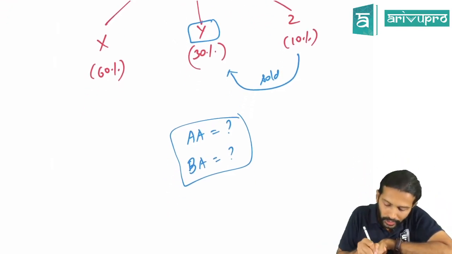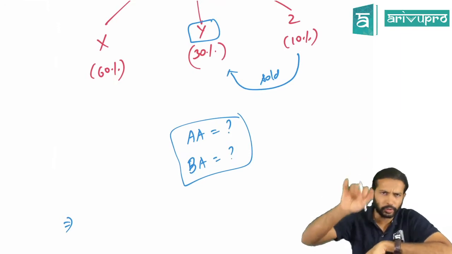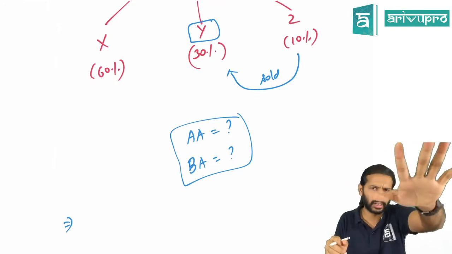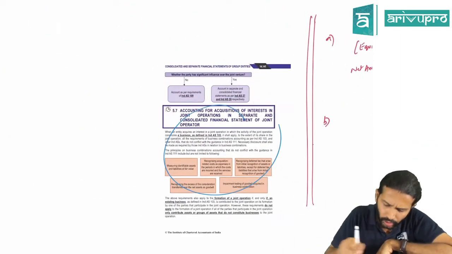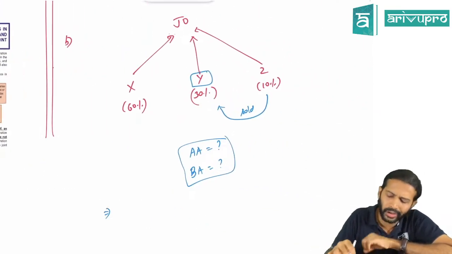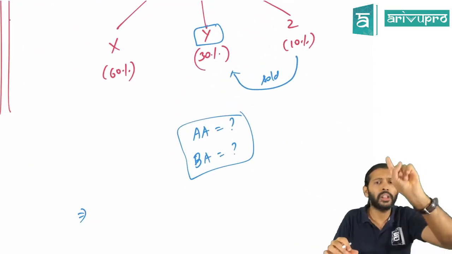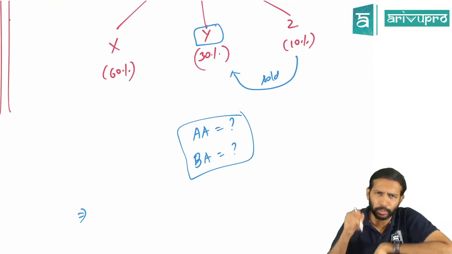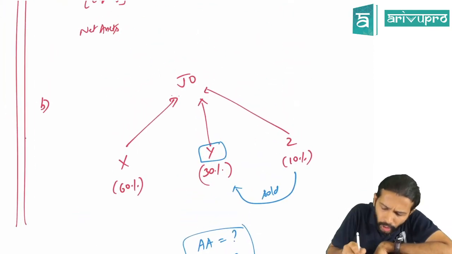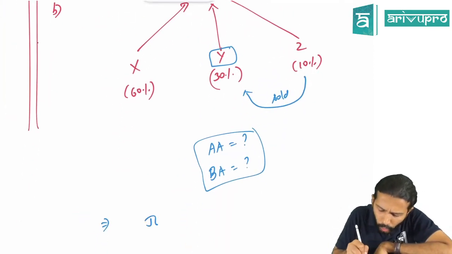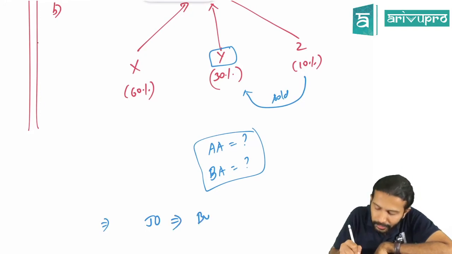Now, to answer this question, they have clearly given certain pointers in your study material on consolidation. This is what I've just called out, so I'm giving you the crux of that. What the standard says is, before you determine whether this is an asset or business acquisition, first find out whether the joint operation that you're doing is a business.